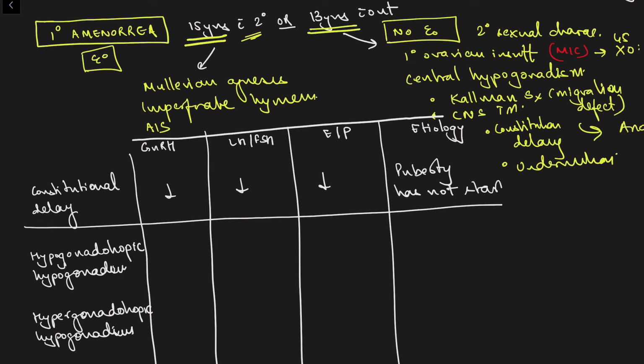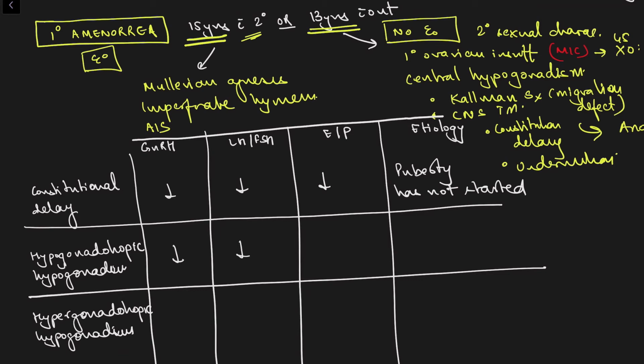Right. Second is hypogonadotrophic hypogonadism. Here, everything will be again low because it is hypogonadotrophic. GnRH is low, which will lead to low LH, FSH, and low estrogen and progesterone.